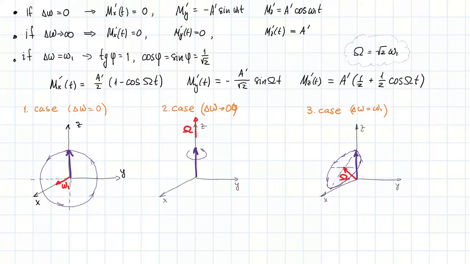Now, let me estimate the time scale of the spin magnetization rotation for typical experimental situations. In the first case, we see that the magnetization is rotated by the angle alpha, equal to omega 1 t, during the time t. If we want to know how long it takes to rotate the magnetization by angle pi, we need to calculate t from this simple formula.